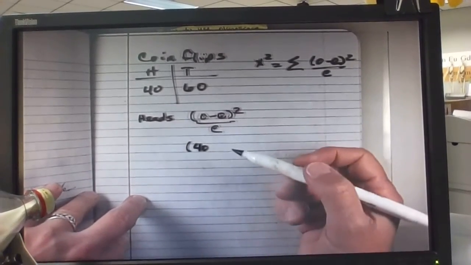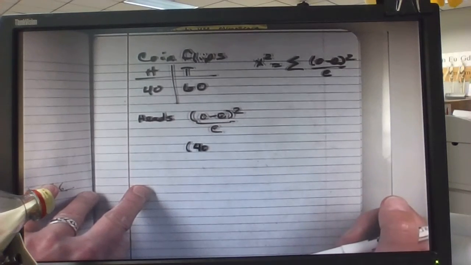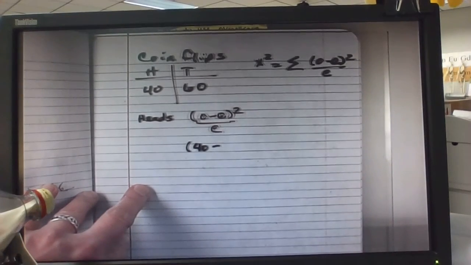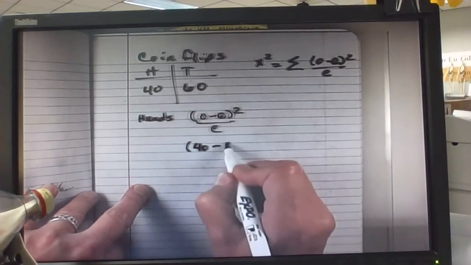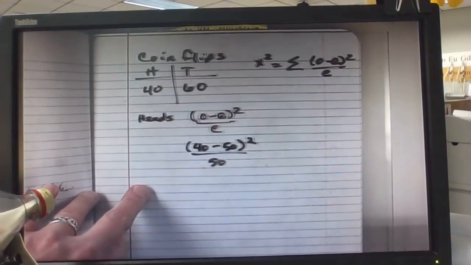That's probably not what you're going to write down, so you write down your observed value. Minus, how many do we expect? I expect 50, squared, divided by 50. Write it out.